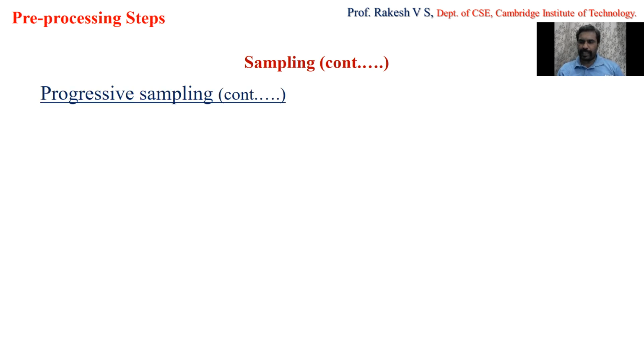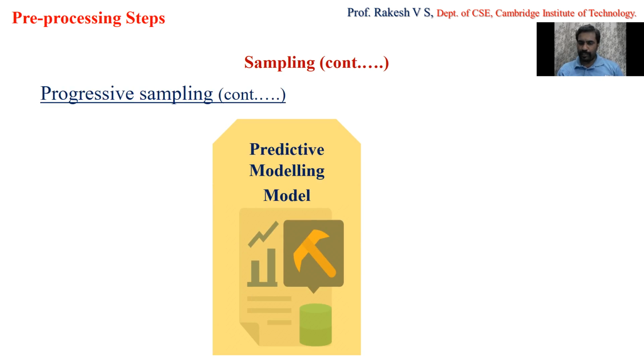Progressive sampling is mainly used for predictive modeling in data mining tasks. Consider we have a predictive model like this. As told, we begin modeling or predicting using a sample of smaller size. Here the input given to this model will be the sample size, and the output will be accuracy.